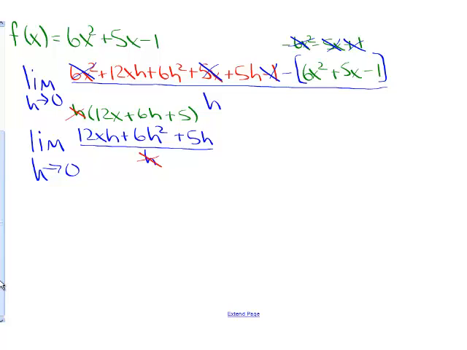The h's cancel, and now, can I put a 0 in without having an issue? So can I put a 0 here? Do I get an undefined statement? No. This is the exact same, all I factored out was an h.